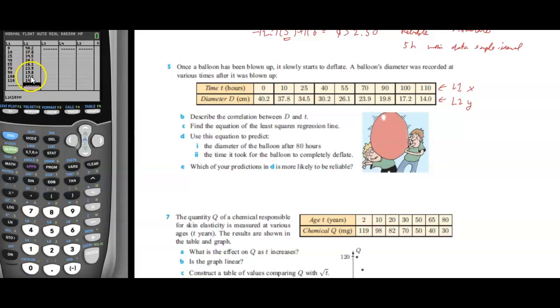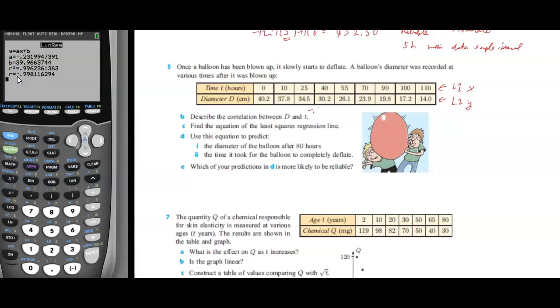Okay, here we got our data typed in. Let's do Stat Calc LinReg. Of course, we have Stat Diagnostics already on because we just checked it before our first problem. And here is our R value. It's negative 0.998.